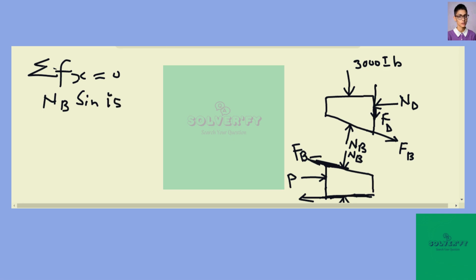Sorry, the plane, or the wedge, is inclined at 15 degrees, plus Fb, the frictional force at B, cos 15 degrees, minus Nd, the normal reaction at D, is equal to 0.